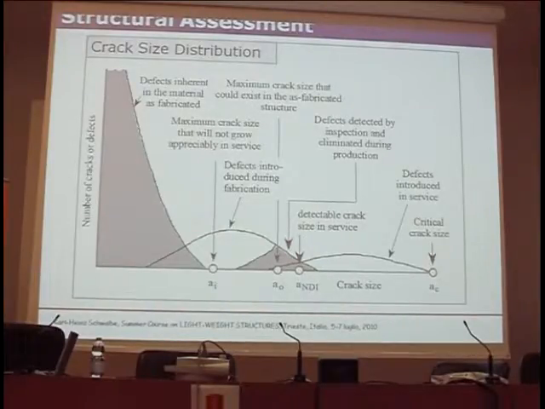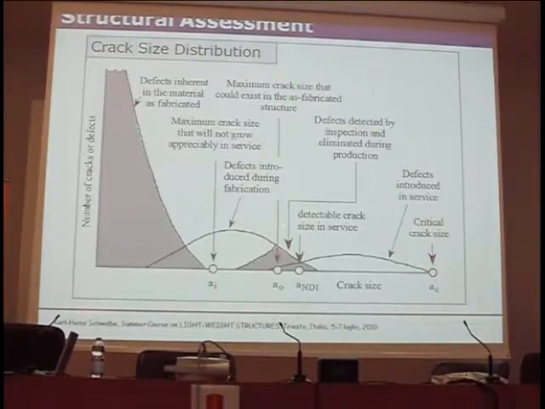Think of the second phase inclusions, which you can regard as defects. Then defects introduced during fabrication, for example, weld cracks. Or when you form something out of a sheet, you can introduce defects. And from here on, you can see what's happening.